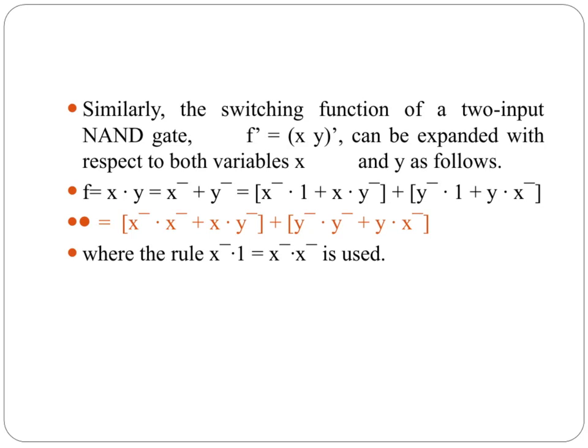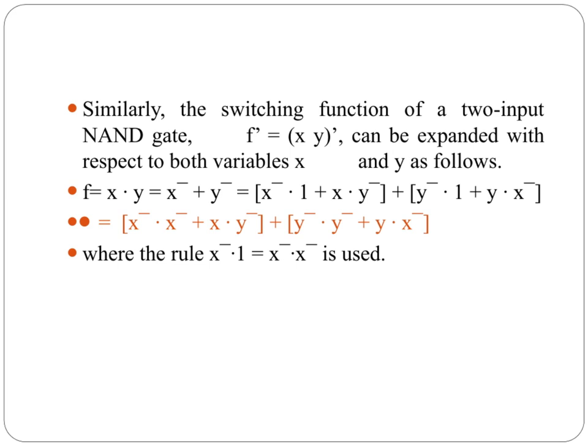Here, we are looking at the switching function of a two-input NAND gate, which is represented as f prime equals the complement of x and y. This function can be expanded considering both variables x and y. The equation shows that f equals the complement of x or the complement of y. Then it's further broken down into two parts, one involving x and its complement combined with y complement, and the other involving y and its complement combined with x complement.